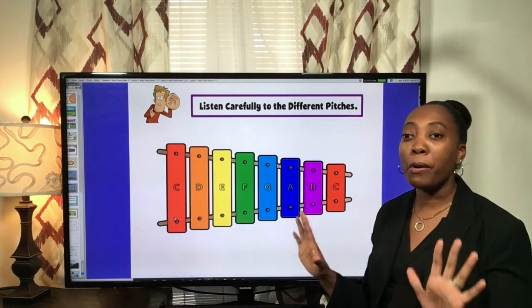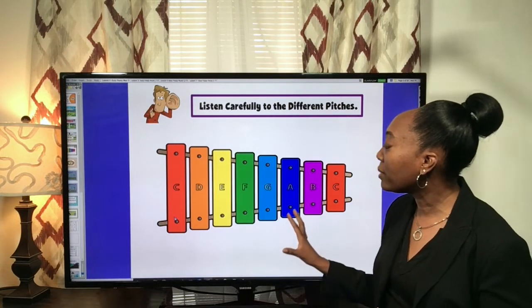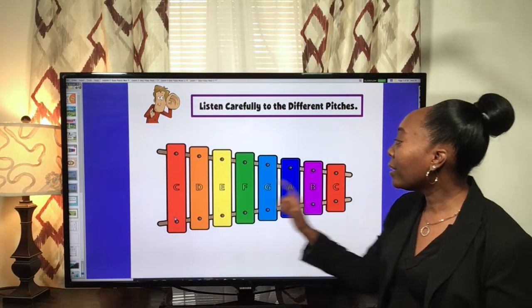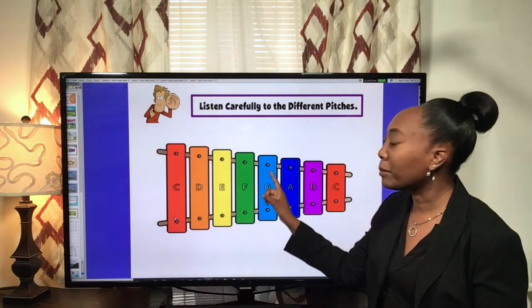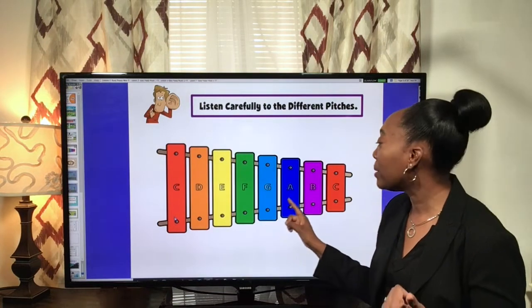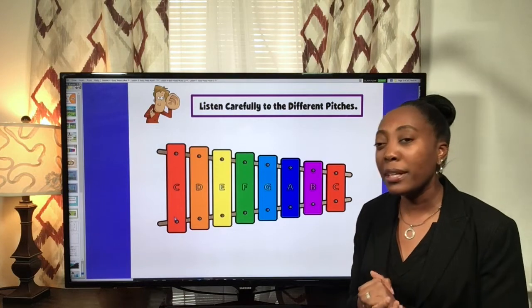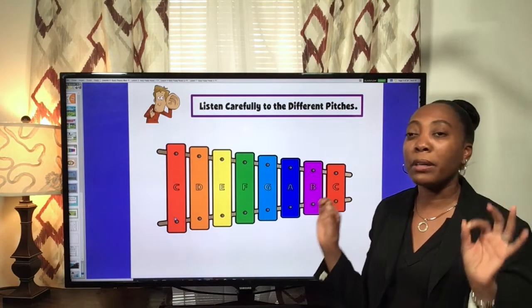So let's go over these colors. Why do we see all of these colors here? We have red and red, and then we have orange and yellow, green, and this is what we like to call light blue and dark blue and purple. You know your colors, but there's a reason why we have special colors. But let's go a little deeper.